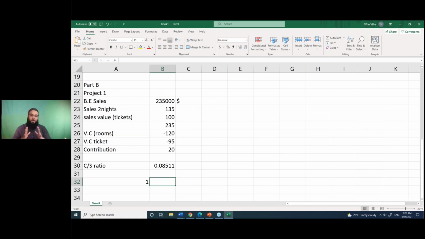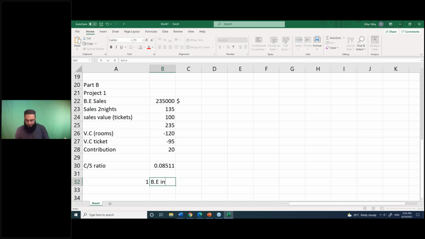That's all good. But my question here is, can you work out break even in terms of number of rooms, units? Yes, we can do that. Just to give you the idea, if I work out break even in terms of sales units, it's simple.